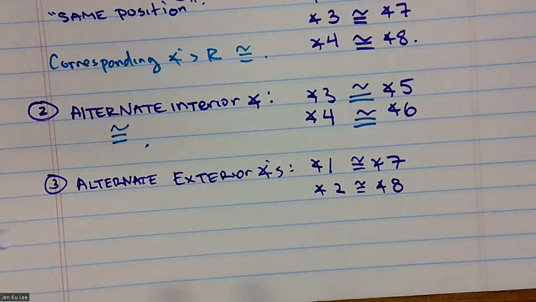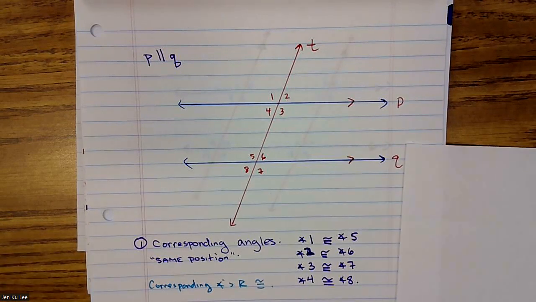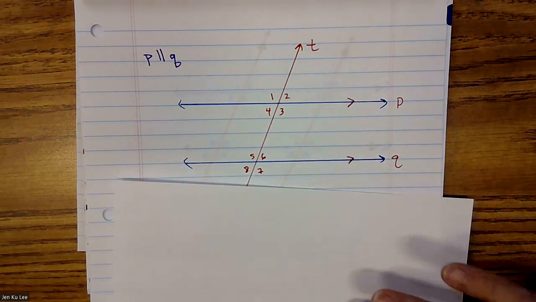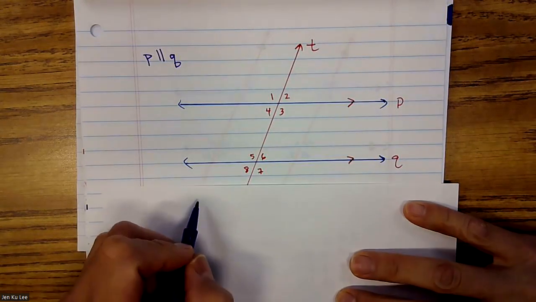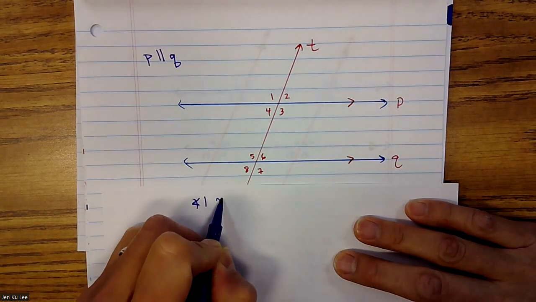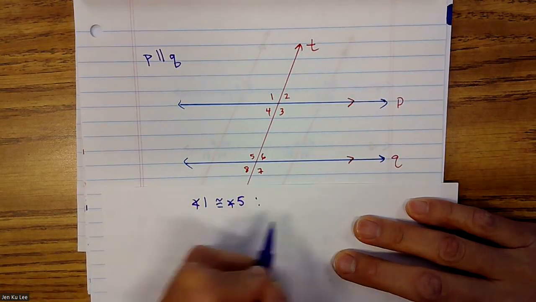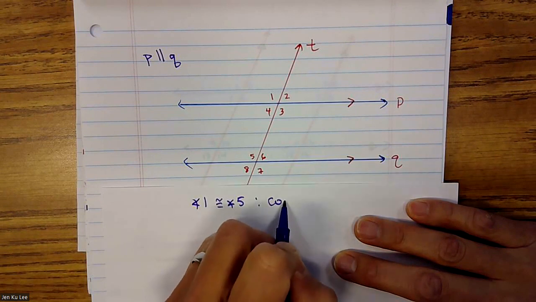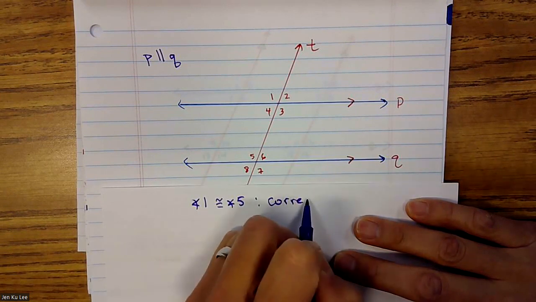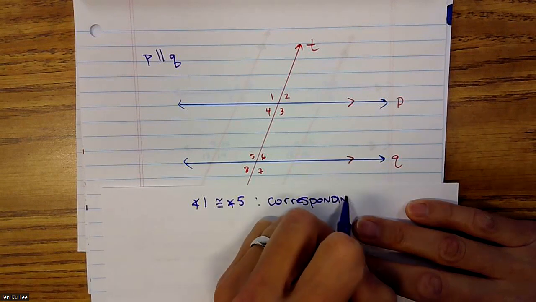because why are they congruent? So why are alternate exterior angles congruent? Well, because you know that angle 1 is congruent to angle 5 because they are corresponding angles, and corresponding angles are congruent.